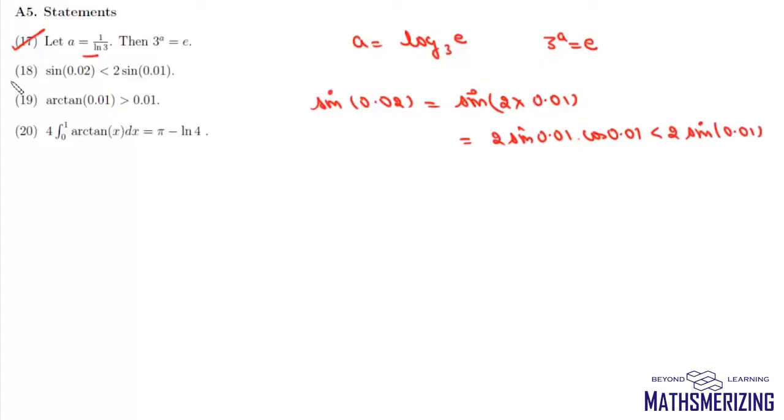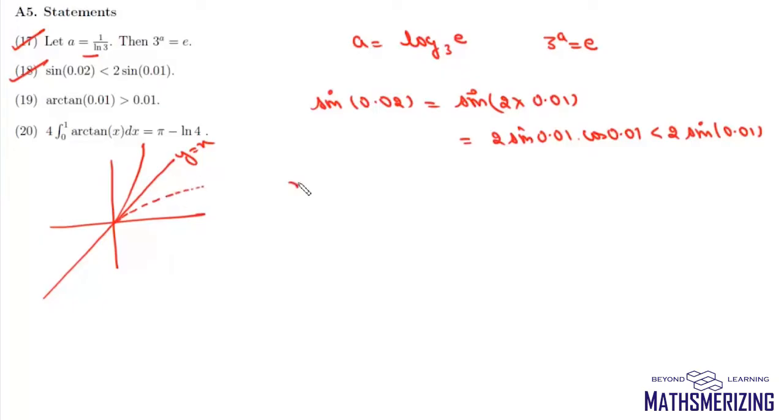That means statement 18 is also correct. Now 19th is arc tan 0.01 is greater than 0.01. Now we know that tan x is always greater than y equals x. So this is y equals x, and that's your tan x, and tan inverse x is basically reflection of tan x about y equals x line.